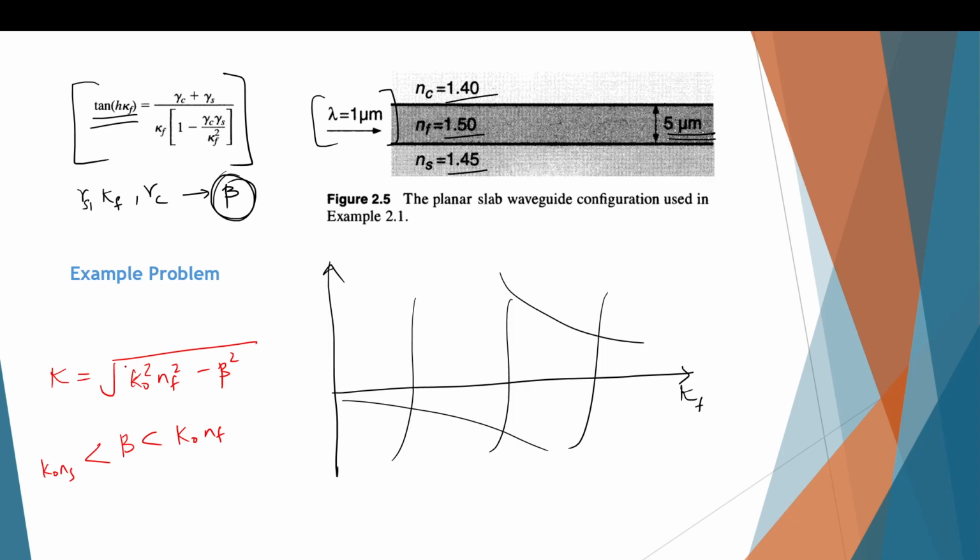So what will be the maximum of kappa? The maximum of kappa will be reached when beta is at its minimum. So that will be k naught square nf square minus k naught square ns square. Beta is minimum at k naught ns, right? So kappa max should be this. So I'll plot from 0 to kappa f max. Okay.